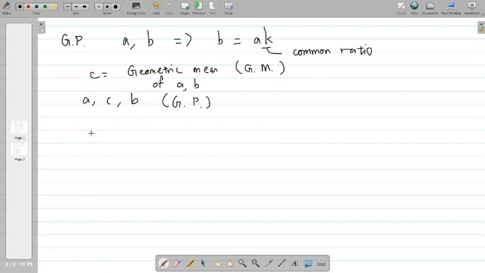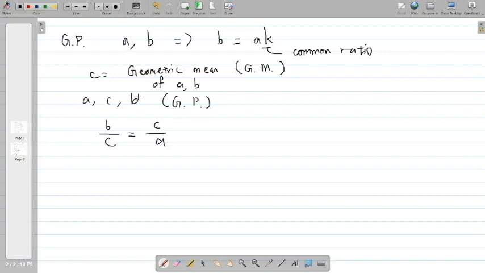So that means that by the definition of common ratio, B divided by C, which is going to give us the common ratio, must be the same as C divided by A. Right? Because we are trying to obtain the average of these two in a geometric progression. So if we multiply by some factor, we get this, and then multiplying this by some factor gets us this.